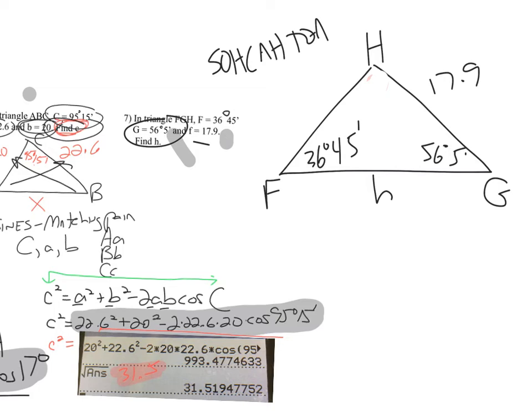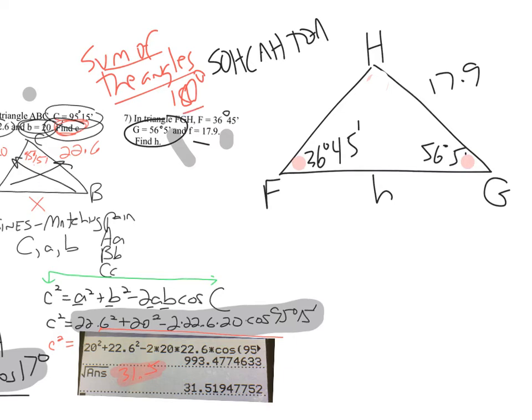In trigonometry, anytime they give you two of the angles, you know the sum of the angles of a triangle is always 180 degrees.